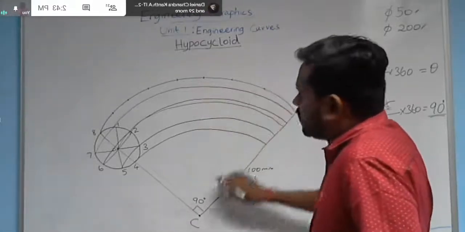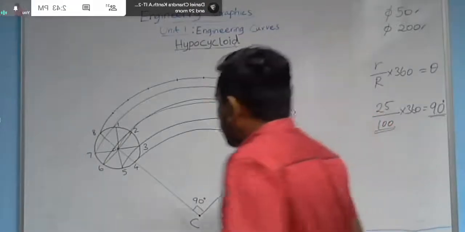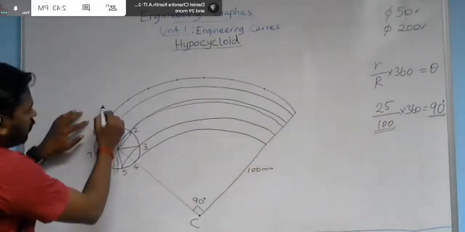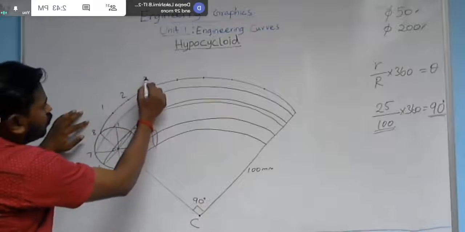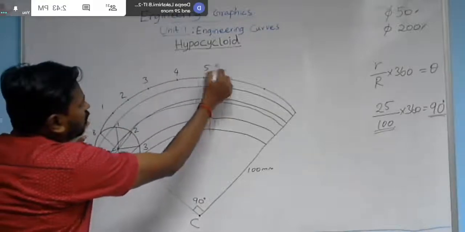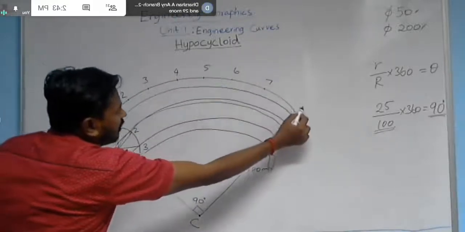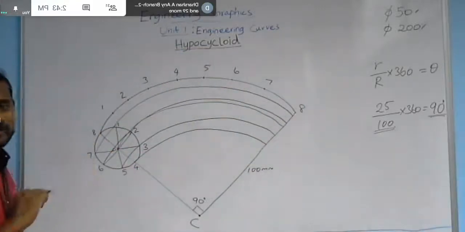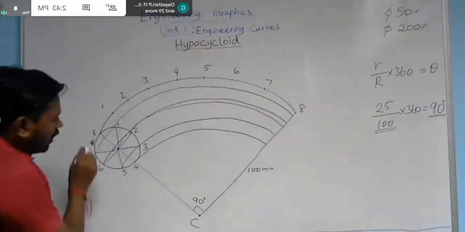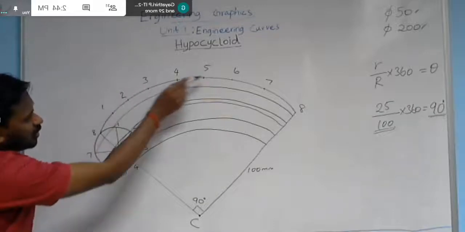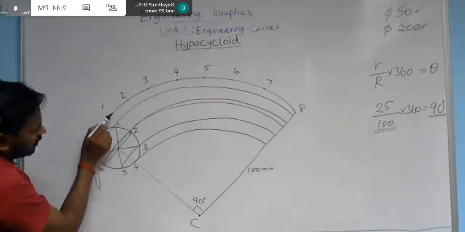I just split it into 8 equal parts. Now name them as 1, 2, 3, 4, 5, 6, 7 and finally 8. And now join all the points with the common center.